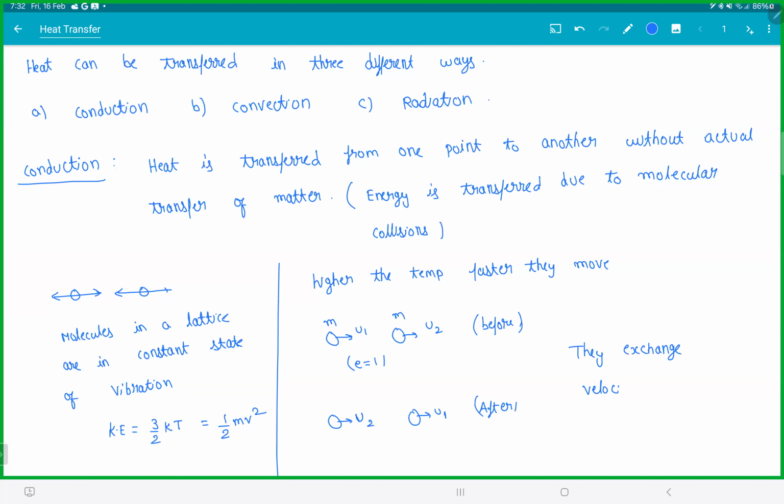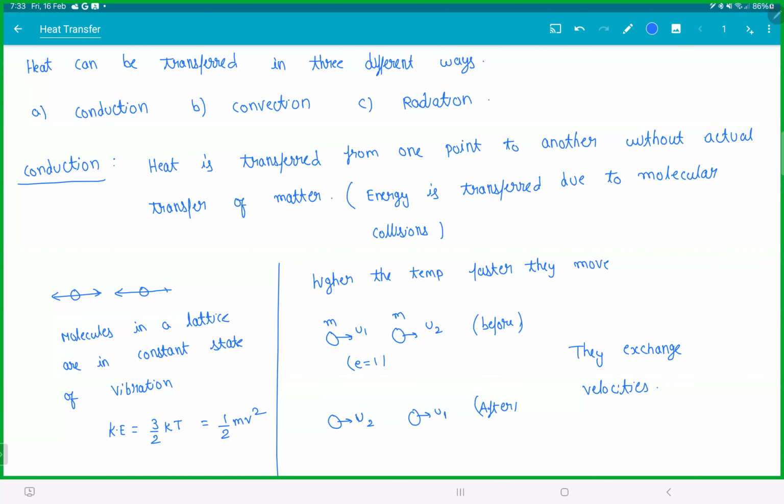When they exchange velocities, it means the colder one becomes hotter and the hotter one becomes colder. Clear?